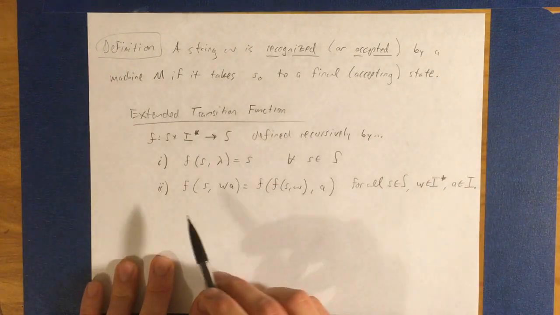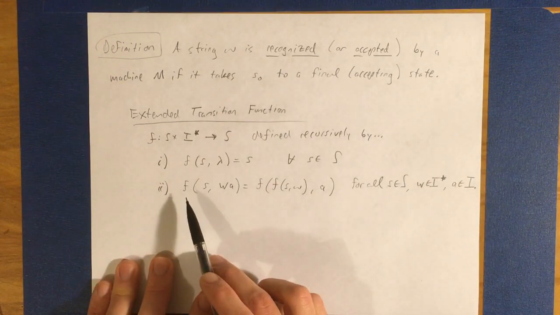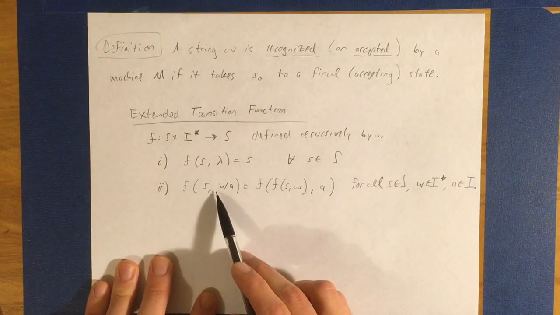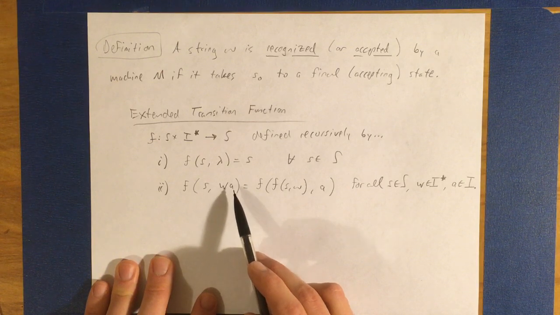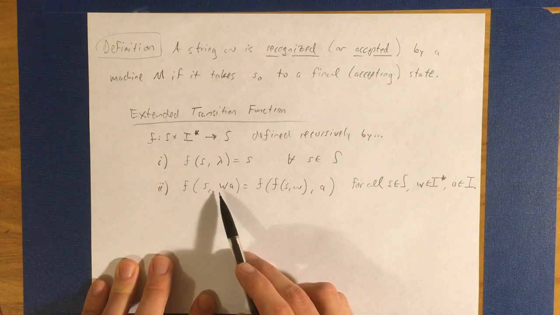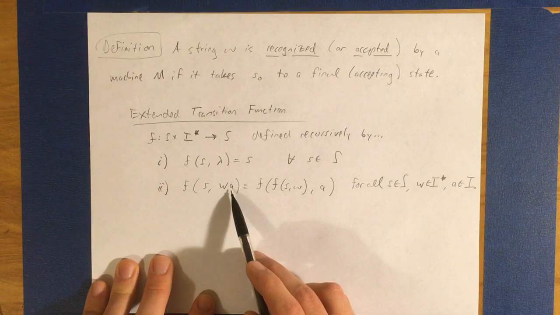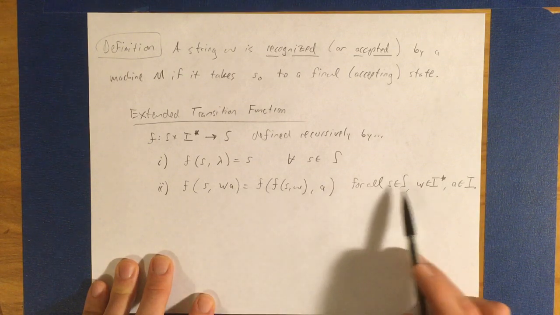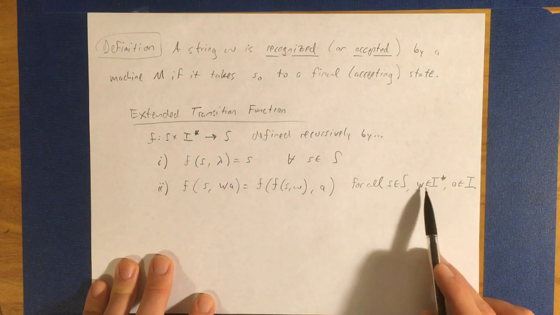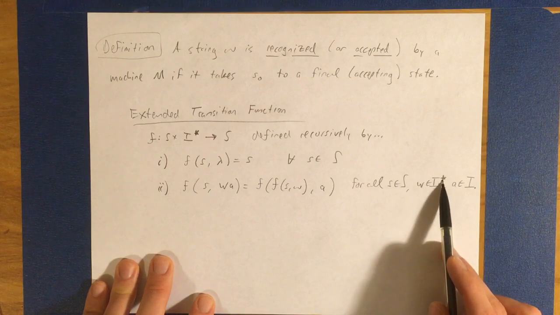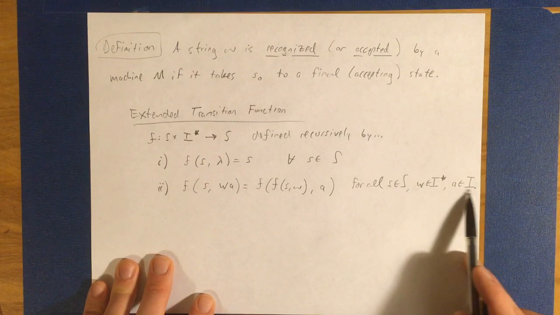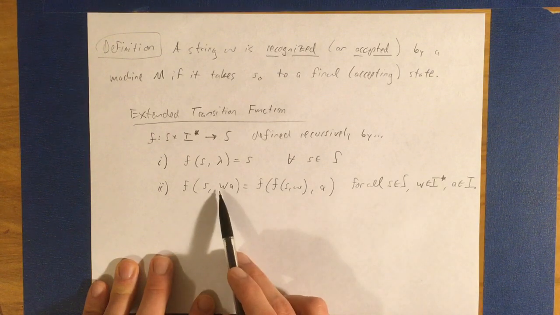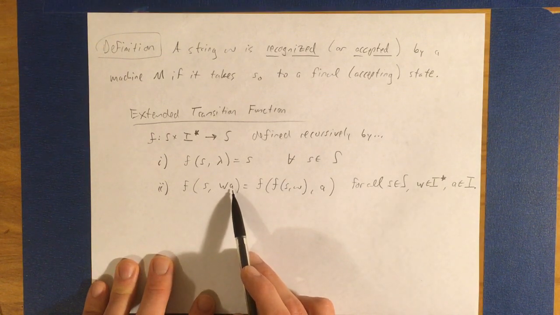And then there's this recursive part where we say, okay, if you already have a word W and then a character A, so the W is a word, the A is a character. Over here, S is a state, W is a word because it's an element of I star, and A is a single character element of I. This is essentially like you already have a word, and then we're appending to the end of that word one extra character.